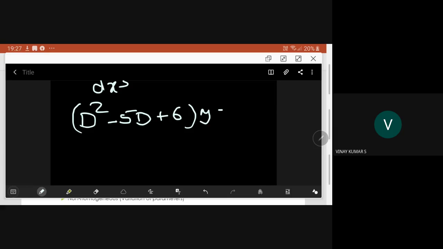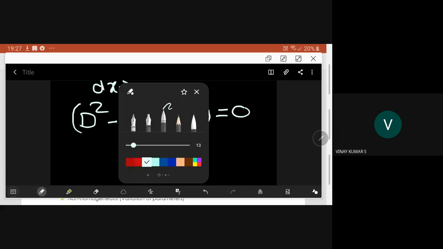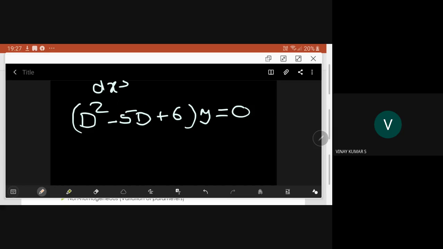This is our first example. What is the meaning of this one? We are writing in terms of D here. The meaning is you can rewrite this as D square y minus 5Dy plus 6y is equal to 0. One can write it like this, is the meaning actually.